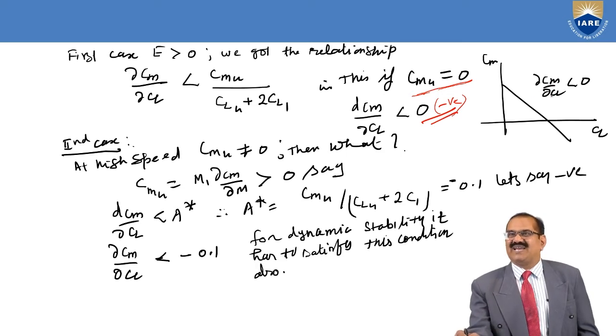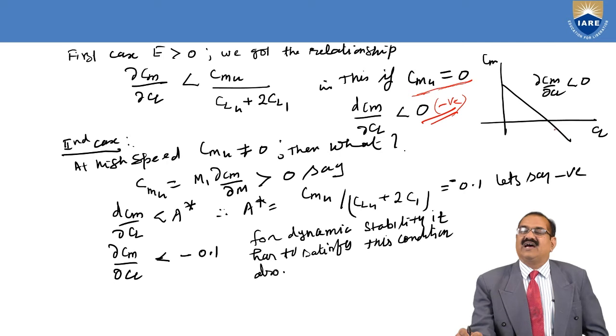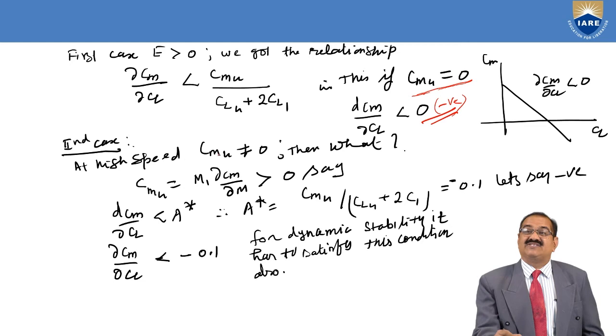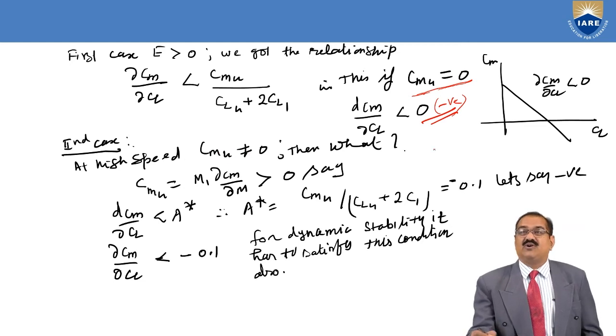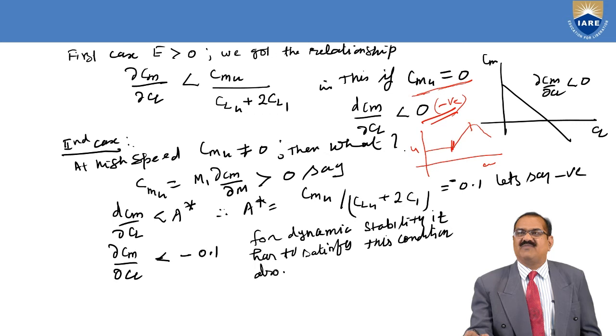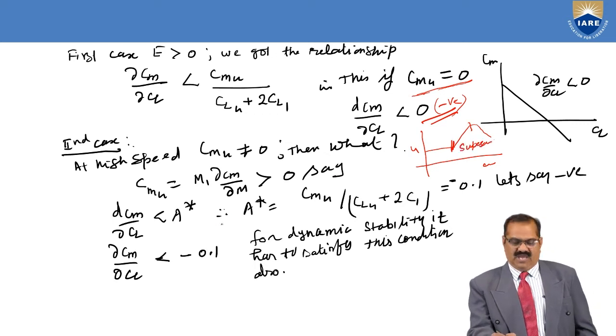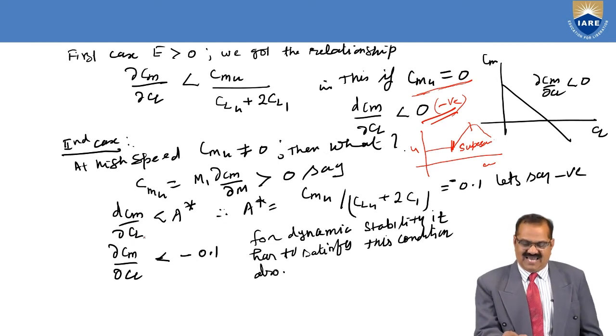You can see dCm by dCl is less than 0, or the slope of this Cm versus Cl should be negative to have static and dynamic stability. For the second case, at high speed, CMU should not be 0. So in this case, if you see, this is the U and this is the Cm. You see here, it should be like this. From here to here, it is supersonic. So here, you can see that dCm by dCl is less than A star.